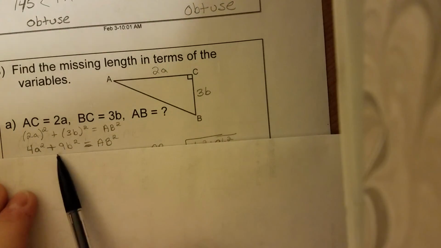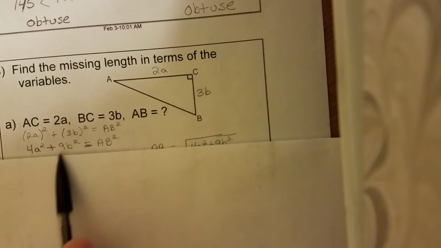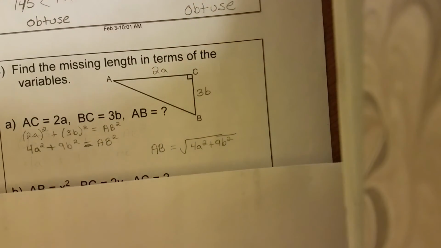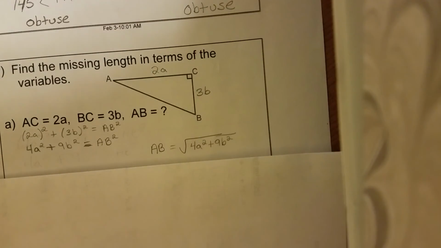These can't be combined, so I mean 2 squared is 4, 3 squared is 9, and then I just squared the variables, and then I just square root it. There's really not much to it. I'm just basically testing, do you know what can and can't be put together and simplified.